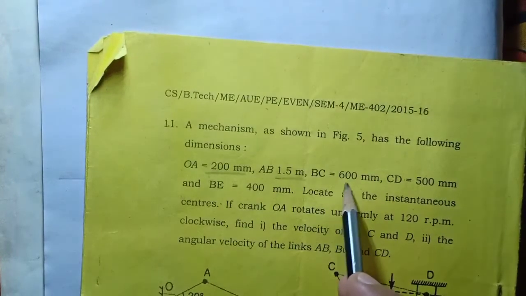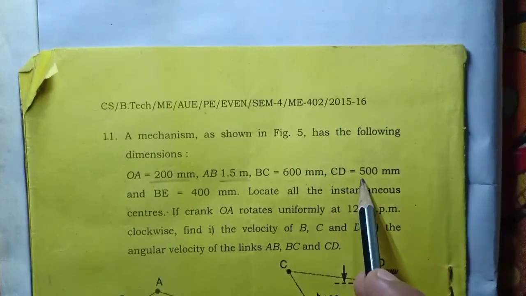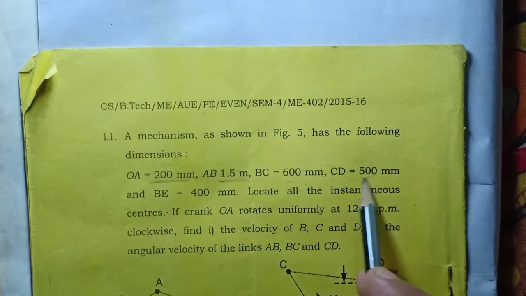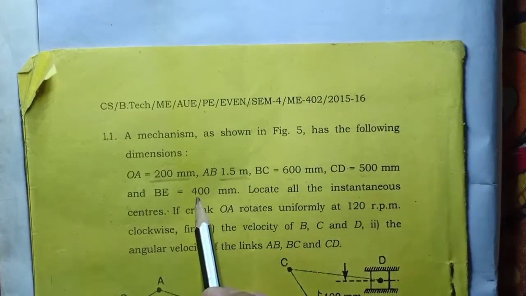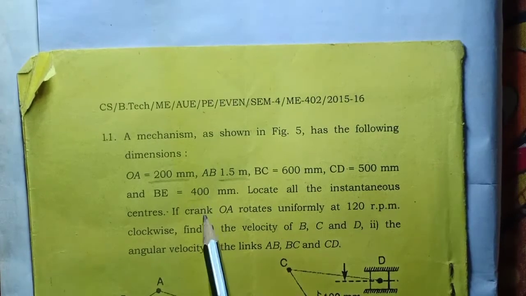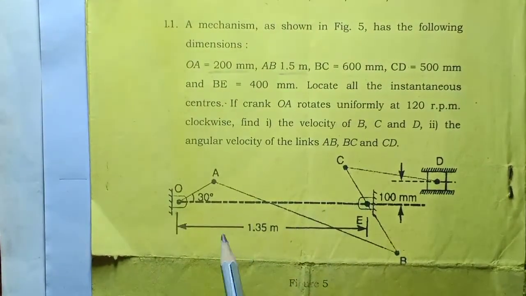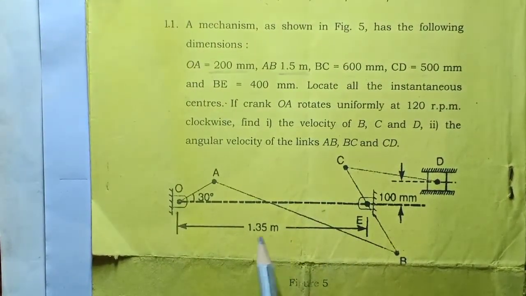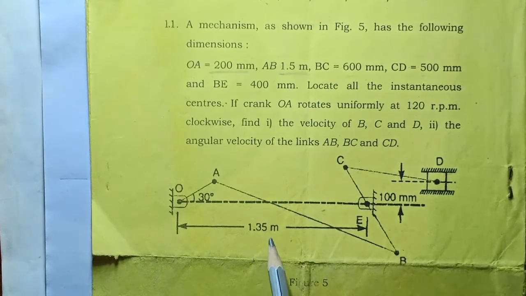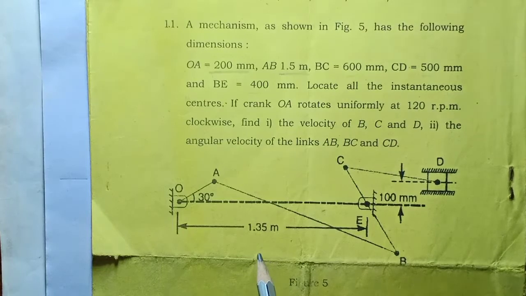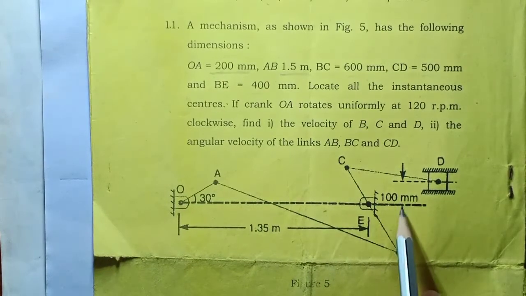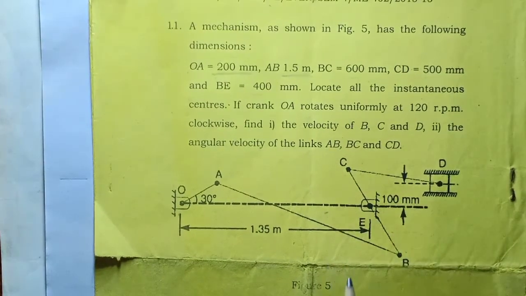The 60 centimeter will be 6 centimeter, 500 millimeter means 50 centimeter will be 5 centimeter, and BE 40 centimeter will be 4 centimeter. Let's use these lengths. And the center to center distance O to E, 1.35 meters, 135 centimeters, will be 13.5 centimeter after reducing the scale. And 100 mm will be 1 centimeter.